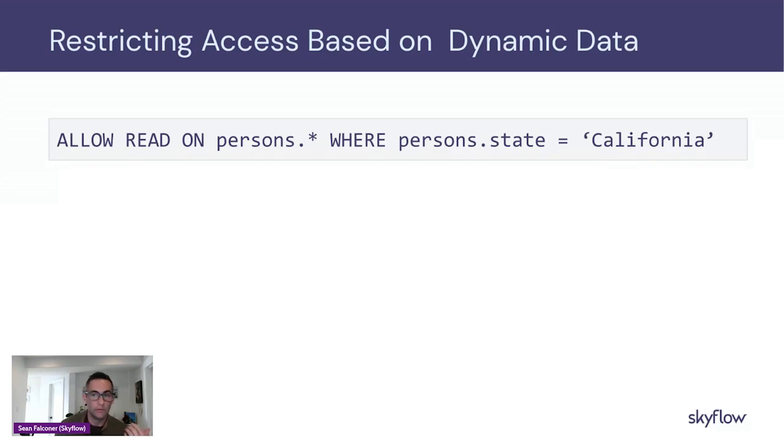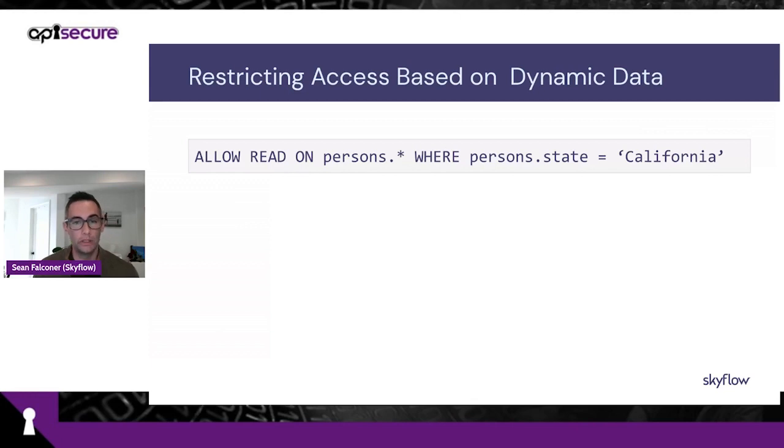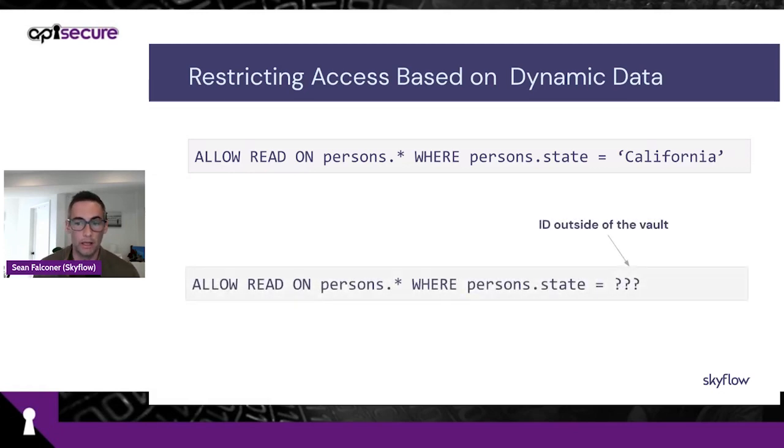But if the information about the person's state exists in your system, in your application database, or information exists outside of the vault, how can we pass that data into the vault during authentication so that these types of policy restrictions are based on more dynamic information that we know about who the user is based on our auth model? So essentially, we want this state to be based on an ID that's outside of the vault. And how can we do that?